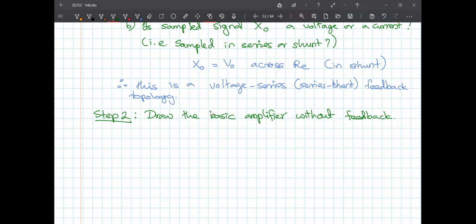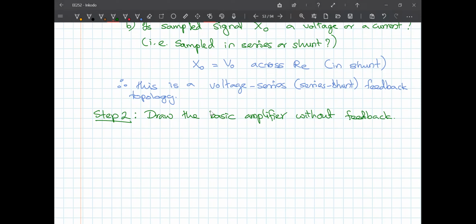If you know these two things we can find D, the feedback amount. Then we can find the input impedance and output impedance without feedback in the simpler circuit.